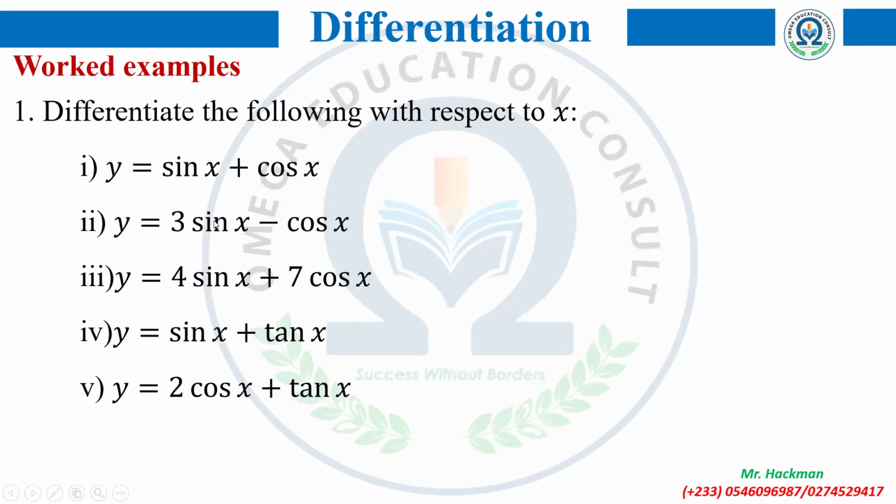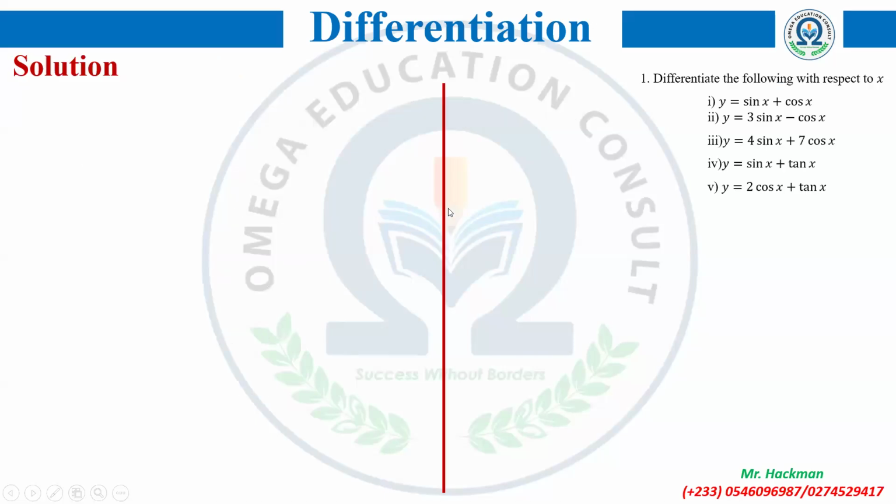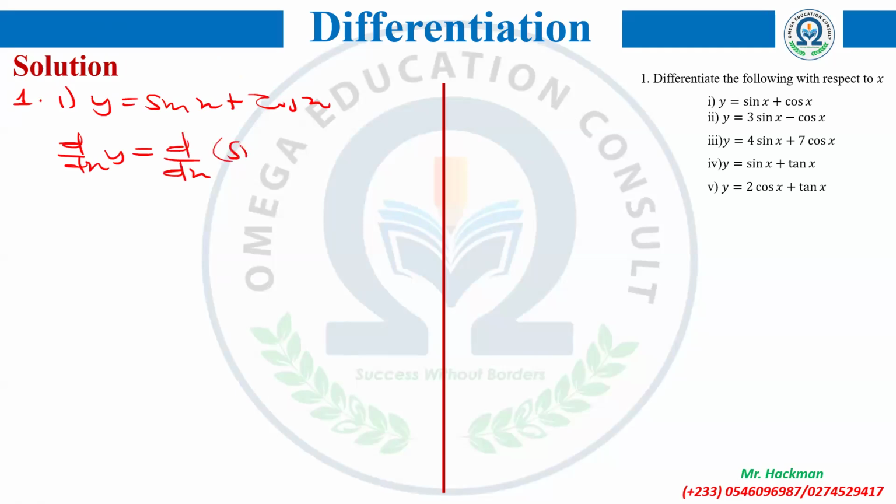So let's look at how to deal with this. Again, let me look at the solution. Differentiation, 1. What are we given? y is equal to sine x plus cos x. I won't do all of them. I'm differentiating with respect to x, which means I'm taking d/dx of both sides. So d/dx of y will be equal to d/dx of sine x plus cos x.